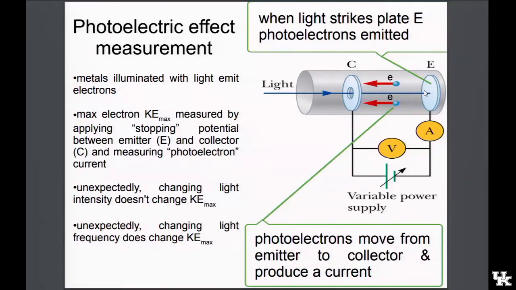What you do is you put an electrical potential between the emitter and what we call this collector here. You make an electrical potential hill for the electrons to have to climb up from the emitter to the collector.